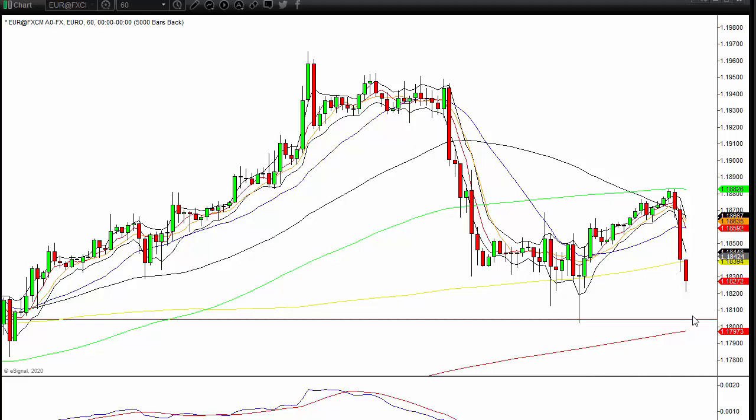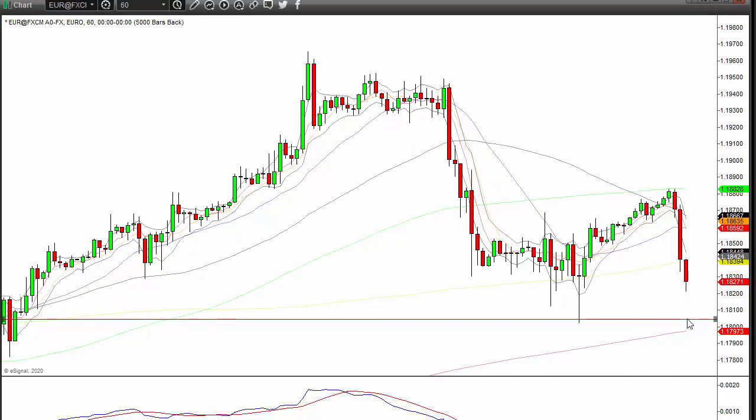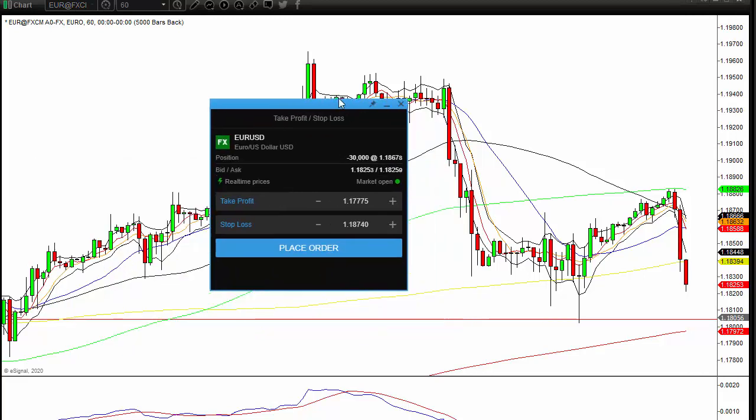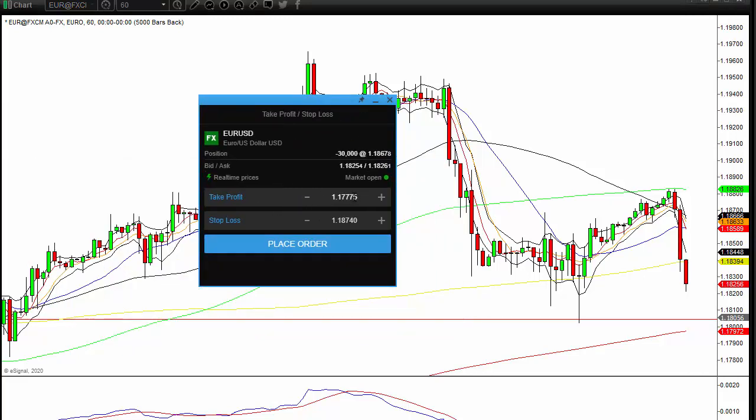Okay, what we're actually going to do now is put a limit order in for the third quarter, because we can see that the euro is still coming down a bit more. The red line has been quite significant, so I'm going to put a limit order in just at that level, which is around about 0.5. Yeah, about 0.5. So let's bring a ticket up for that one. So take profit at 118.05.